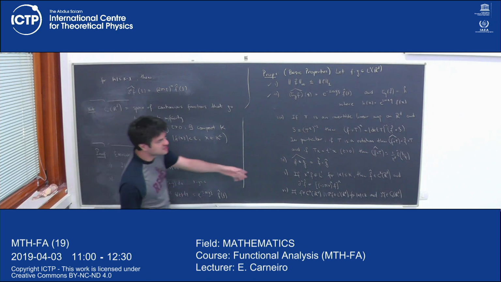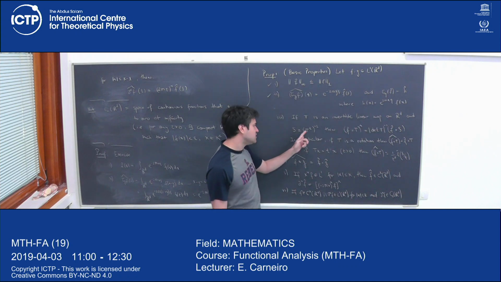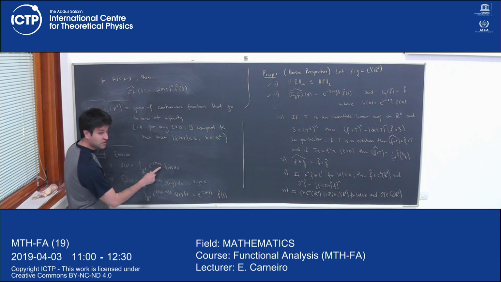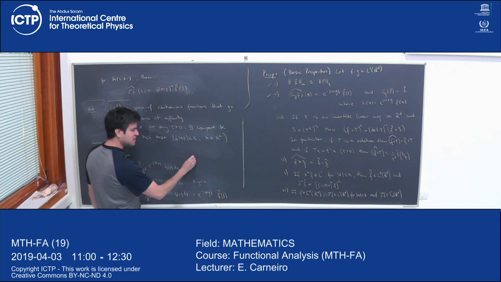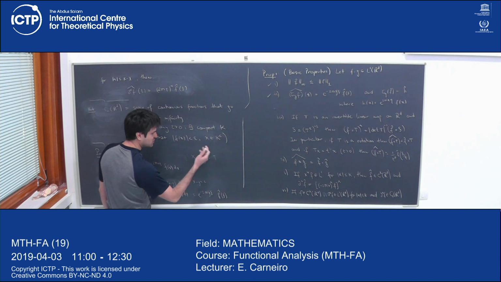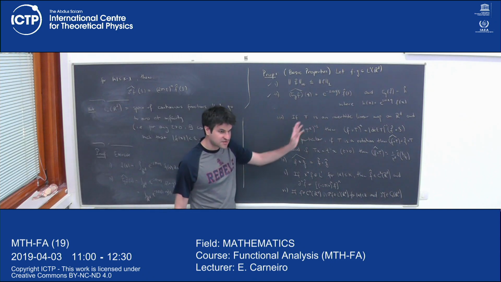Change the variables. This is the Jacobian that appears, and this is what happens. You have the inverse of the transpose coming up in this inner product here. So when you do the inner product of x with ty, if you want to revert this, it will be t to the minus 1 transpose of x.